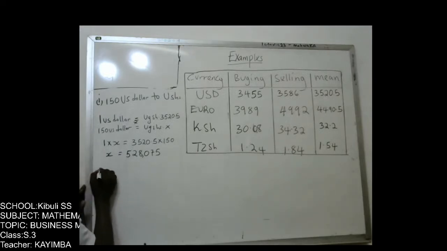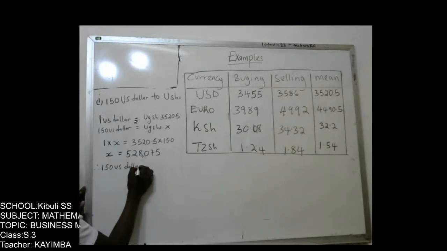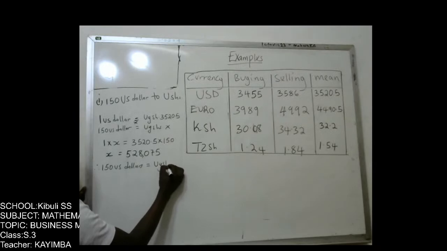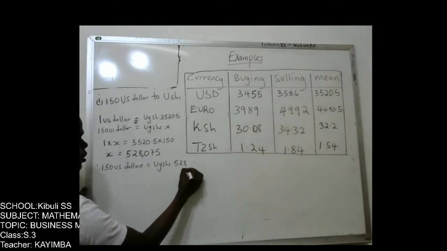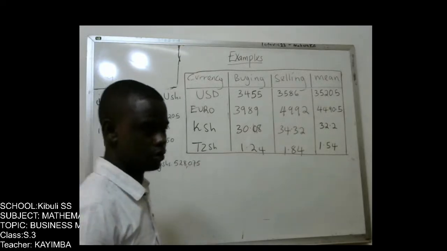So therefore 150 US dollars are equal to Ugandan shillings 528,075. I don't know whether you've got it now.